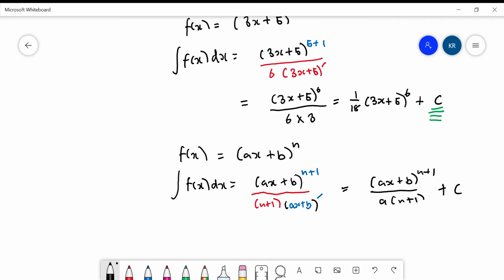So this would then be the general formula if we're going to integrate a function of this form.